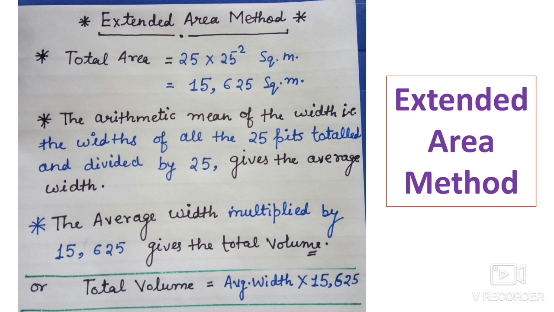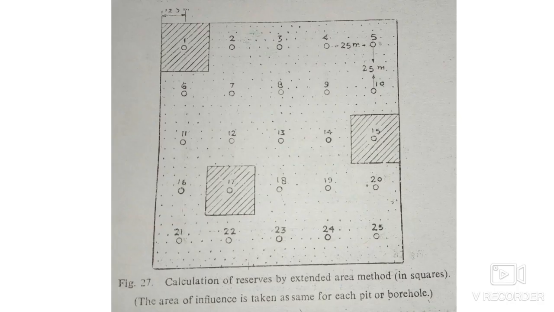The average width multiplied by 15,625 gives the total volume. In formula form, total volume equals average width into 15,625 cubic meters, as you can see in the diagram.